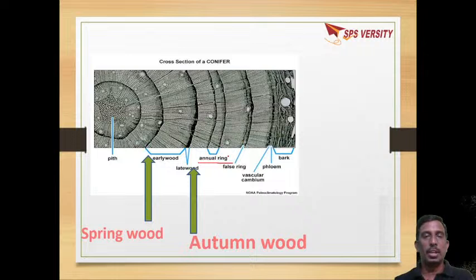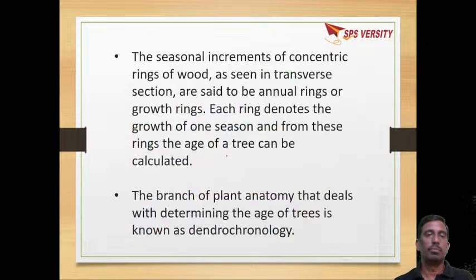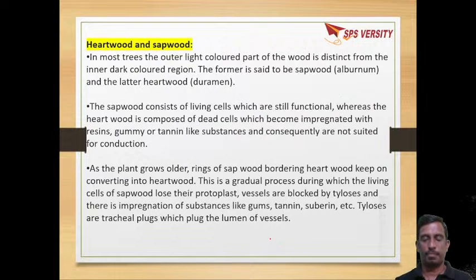Every year, one annual ring is formed. Like this, as the age of the plant increases, the number of annual rings also increases. So each ring denotes one season, and this branch is called dendrochronology.